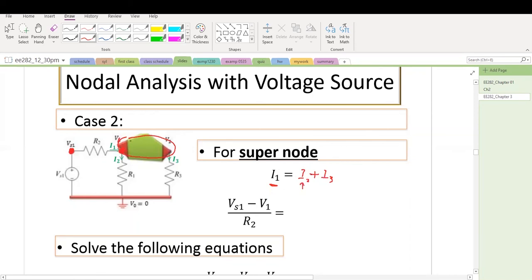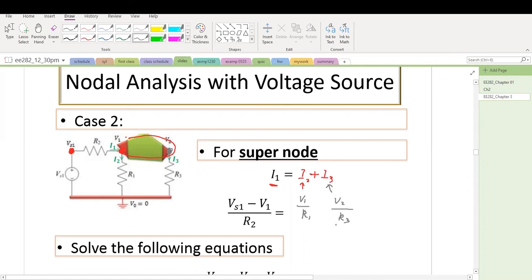I2 is the node voltage V1 on this node divided by R1. That's I2. What is I3? I3 is this node voltage, which is V2 divided by R3.